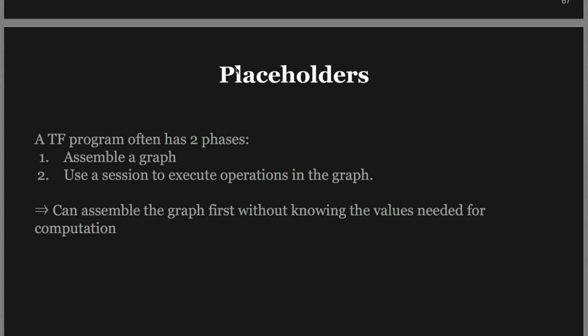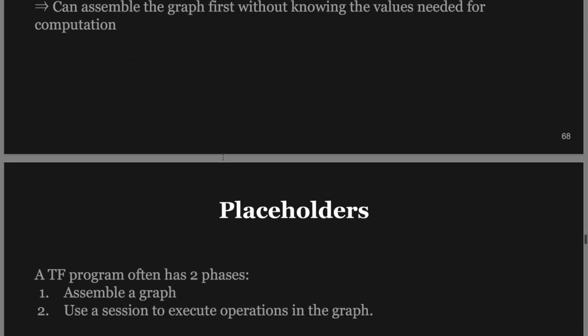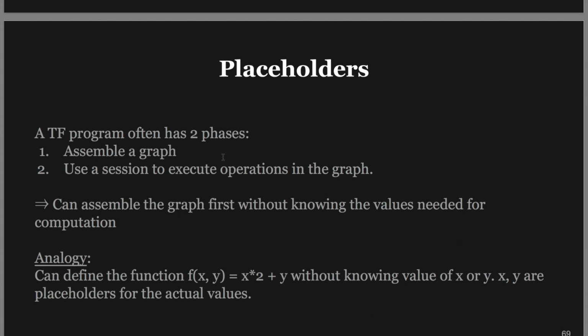We can assemble the graph without knowing what the data is, and then we can feed in data at a later point in time. It's analogous to any function that you might think of, like here, the function is x squared plus y, and we can calculate this function and implement it without knowing the value of x. It's the same concept, where in this case x and y are placeholders for the actual values that we would be calculating down the line.